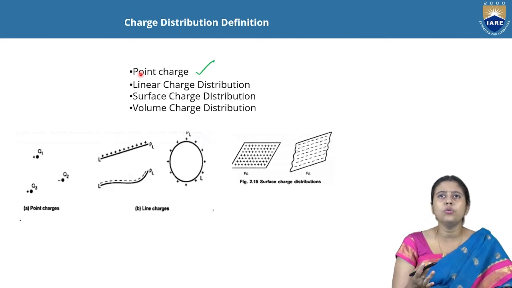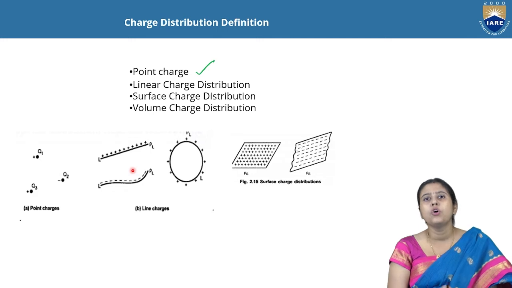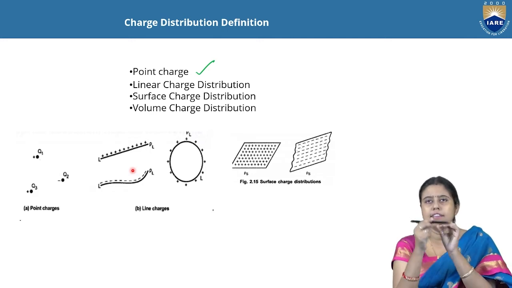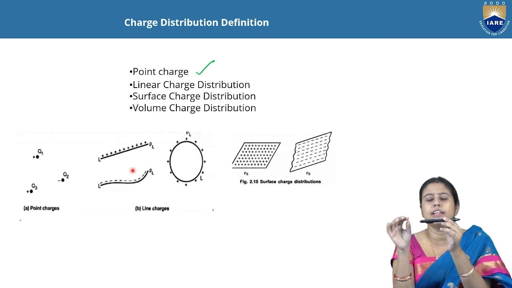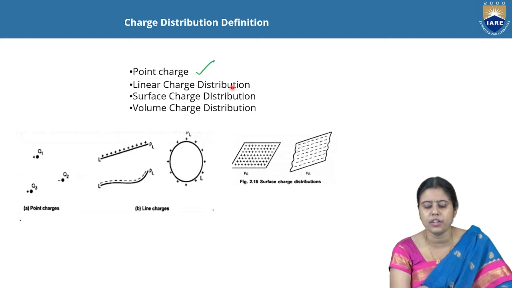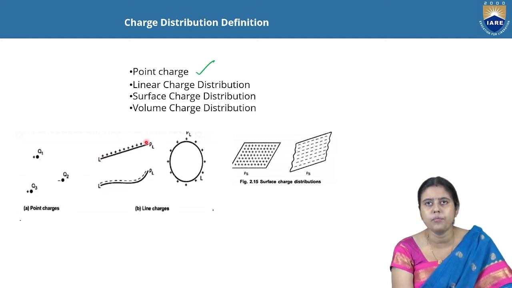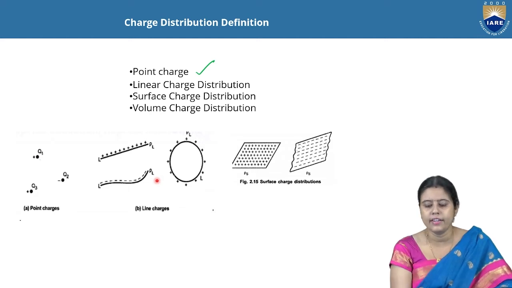What we can do is treat it as a linear charge distribution. We assume the charge has been equally distributed throughout the overhead line. So this is known as the line charge distribution. You can see this is the positive line charge distribution, this is the negative line charge distribution, and this is the circular line charge distribution. But it is according to the line.